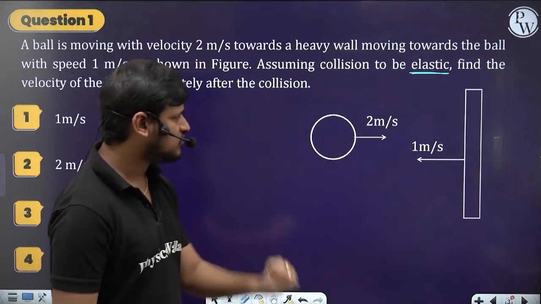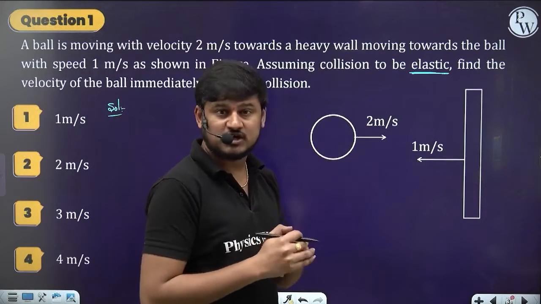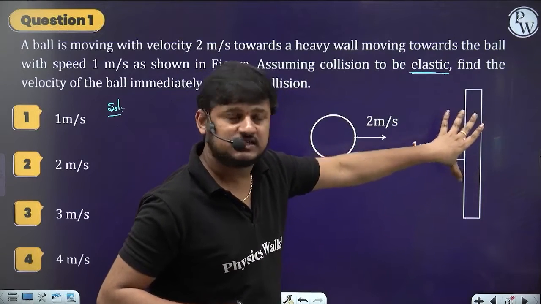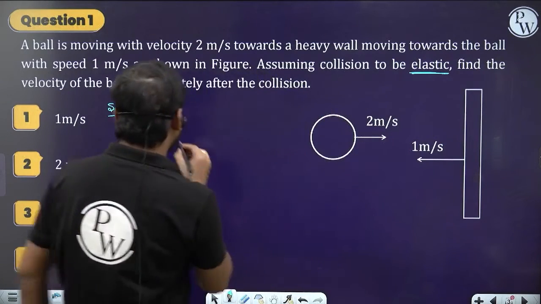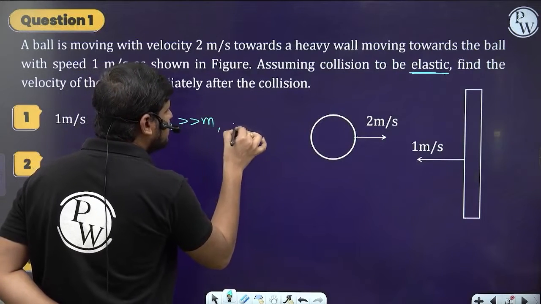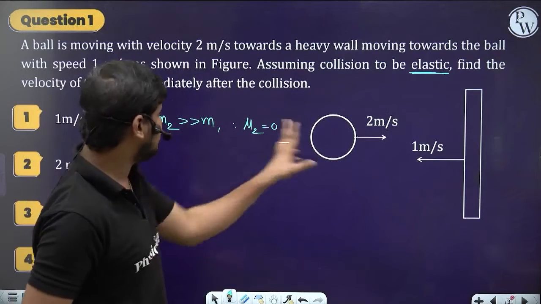Understand the concept. We have a shortcut for this, but in that shortcut the wall has to be at rest, m2 is far greater than m1 and u2 is equal to 0. Then we can directly tell the answer.